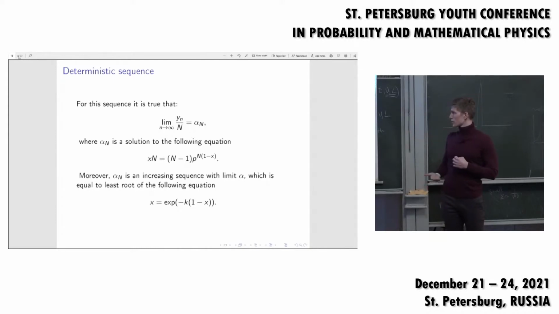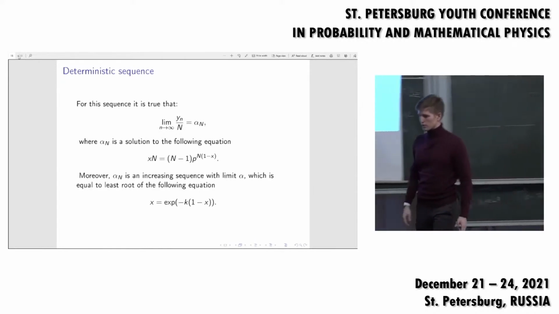Also, alpha n is an increasing sequence, which has a limit, which is the least root of the following equation. This equation is quite hard to analyze, so I can't say much about alpha or alpha n, but you know they exist.